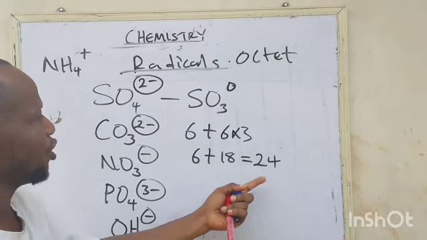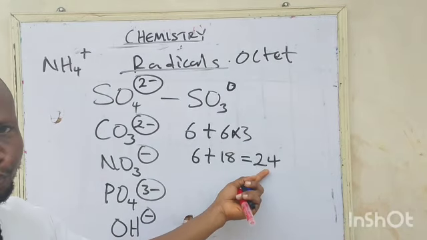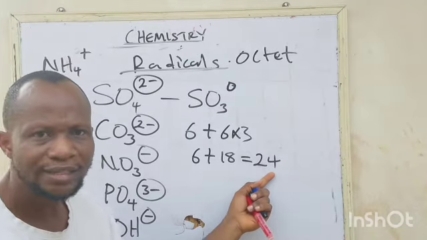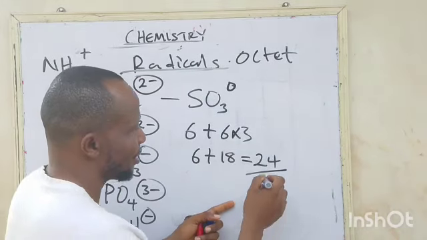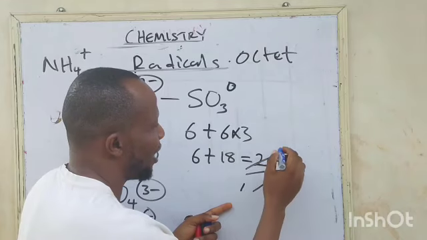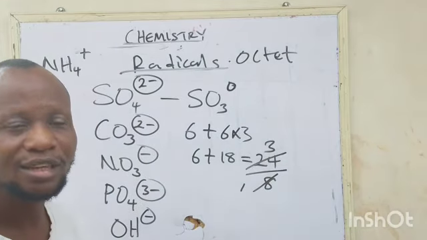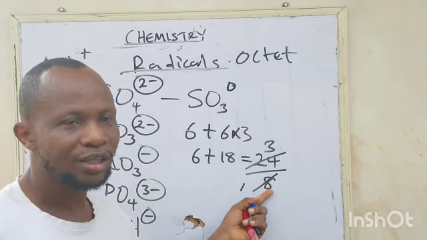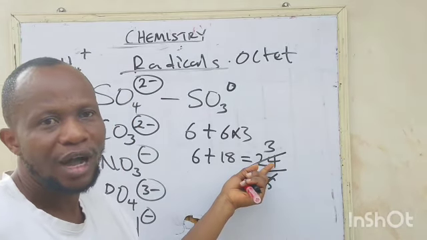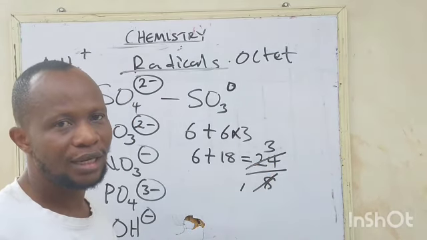So if you have 24, how many octets can be found here? That is 8 divided into 24. It is evenly distributed. So there are 3 octets in 24, leaving nothing left.